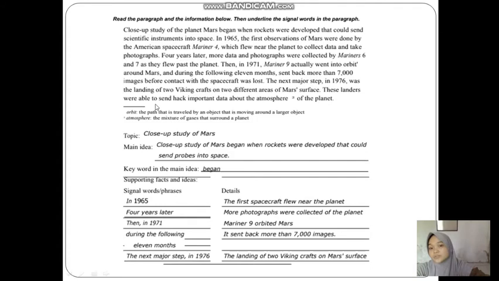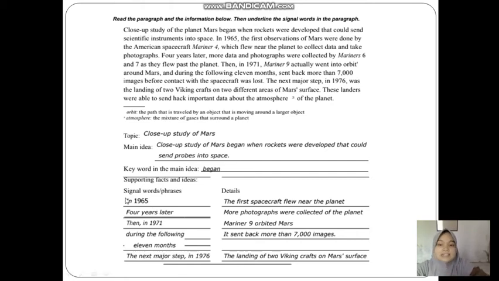Then we should identify the keyword in the main idea. The keyword is began. Began is one of the keywords in the sequence pattern.